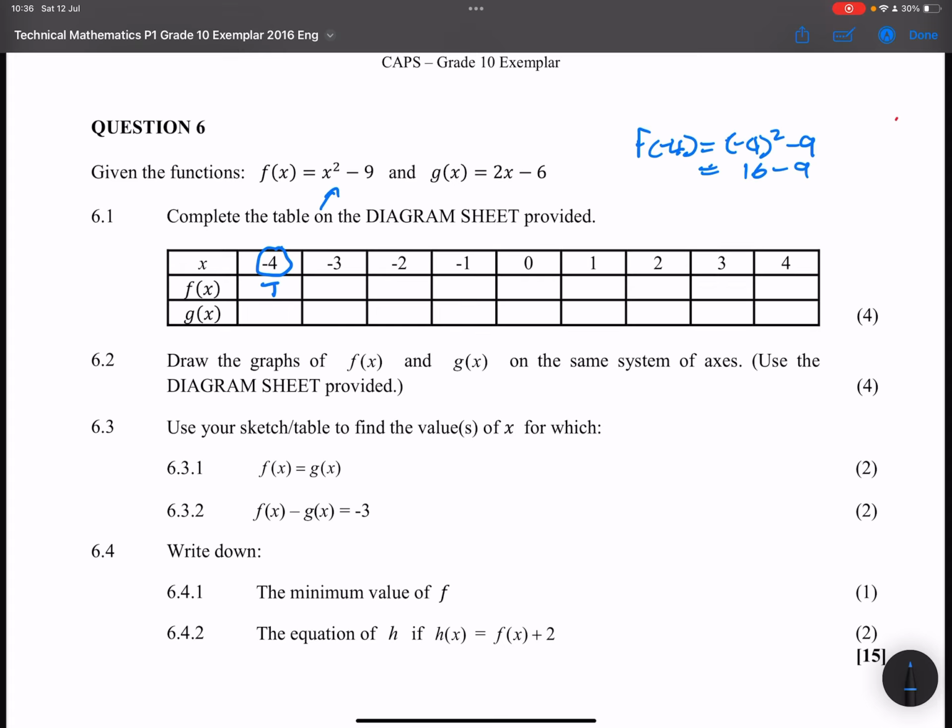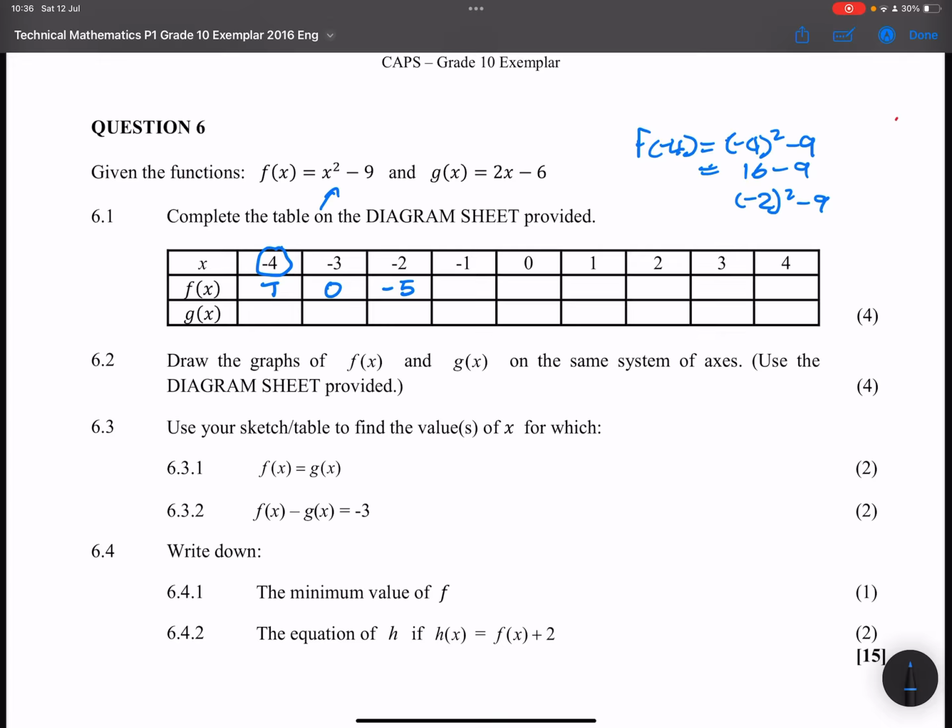We can do that with negative 3. Negative 3 all squared is 9, and 9 minus 9 gives us 0. Negative 2 squared minus 9 is 4 minus 9, which gives us negative 5.